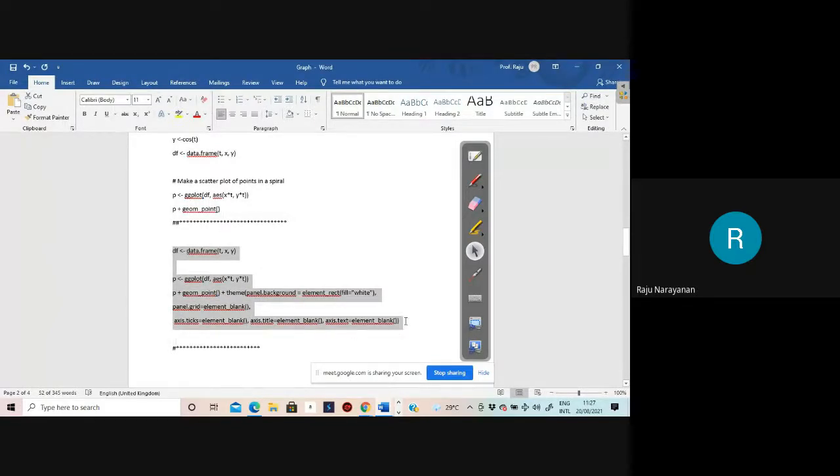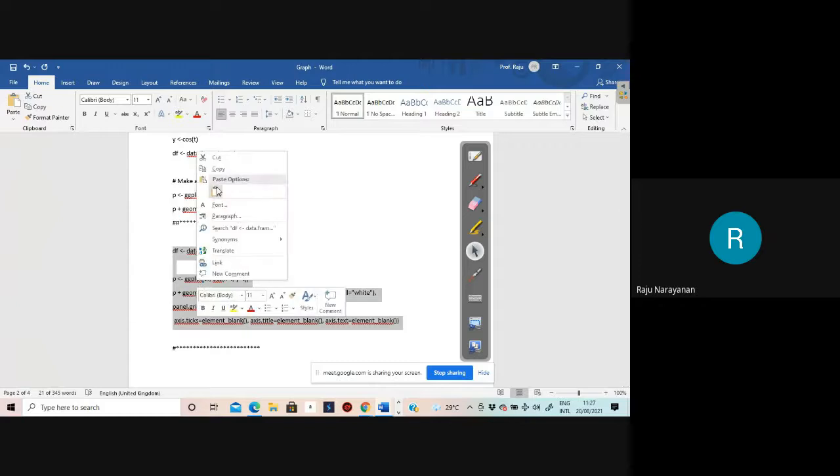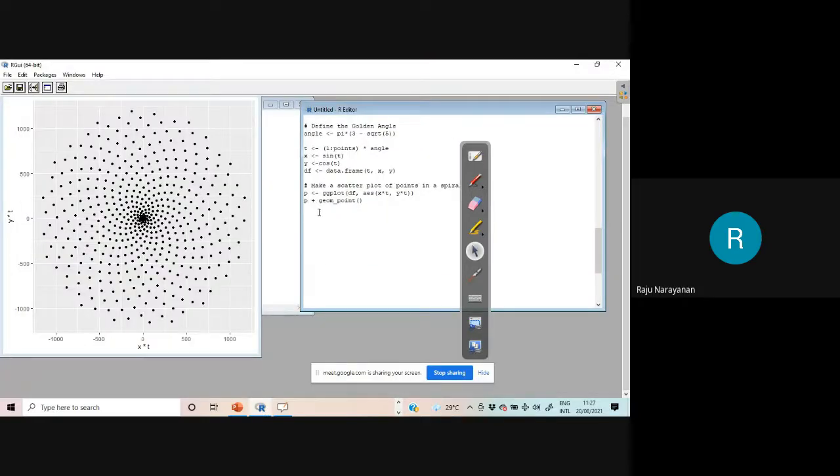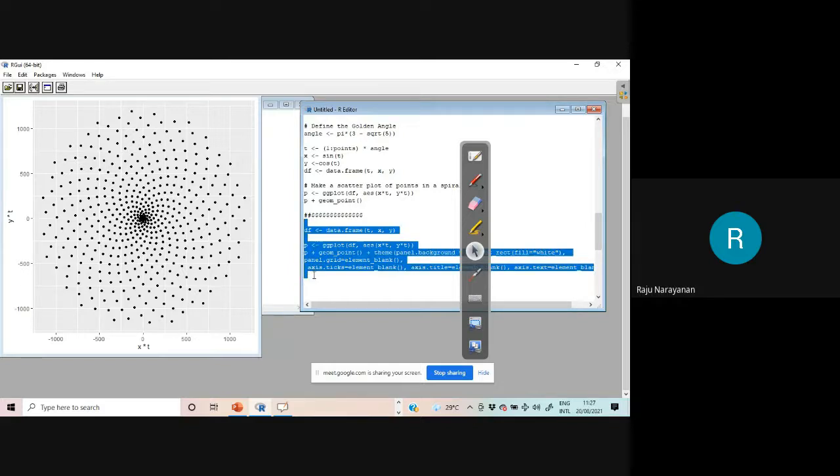This is a long statement, that is all. I will teach you ggplot on the next day. And why I am giving it now is that you just download a tutorial for ggplot and have a look at that one.